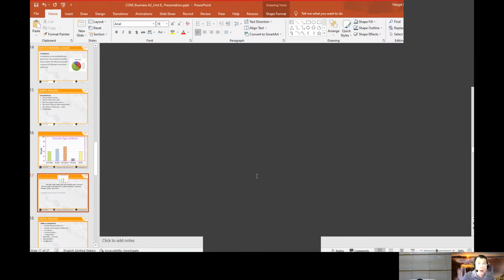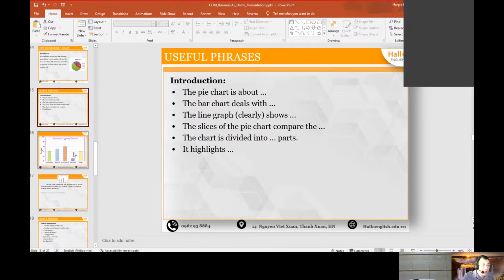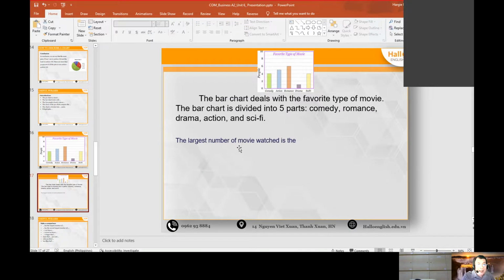The largest number of movie watched is the, so what's our answer now, Toy? The largest number of movie watched is the comedy, action, romance, drama, or sci-fi.